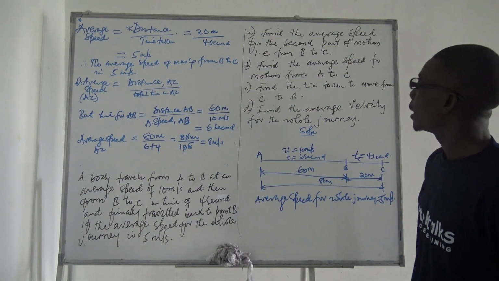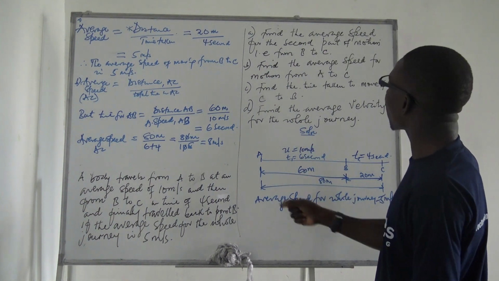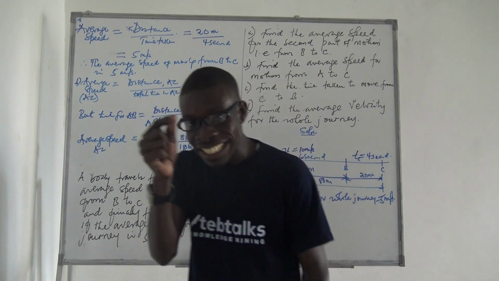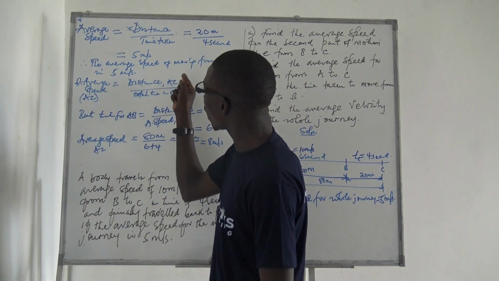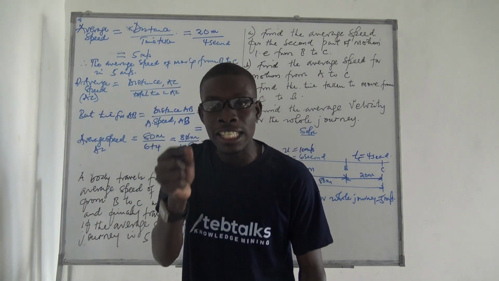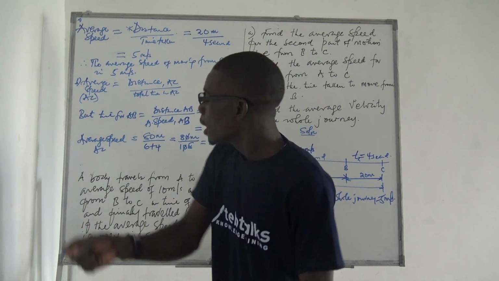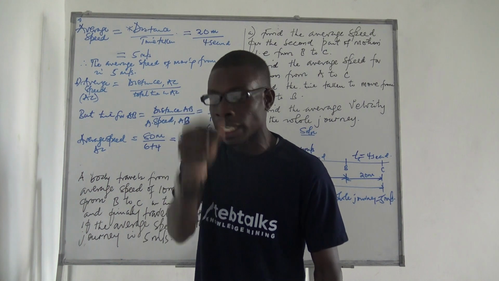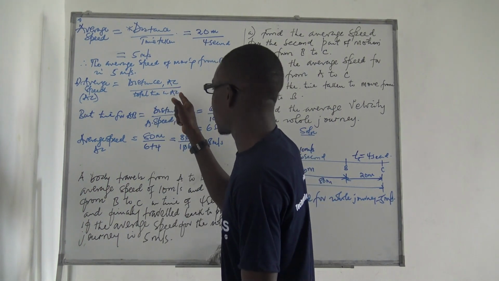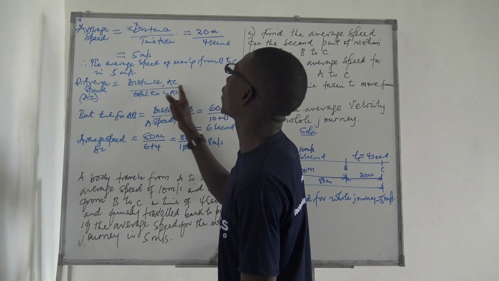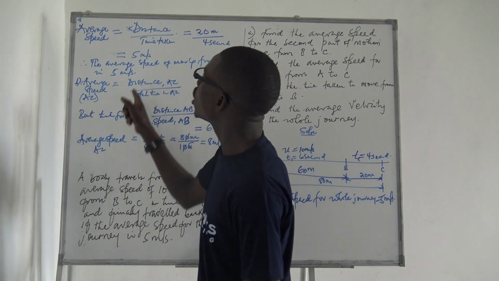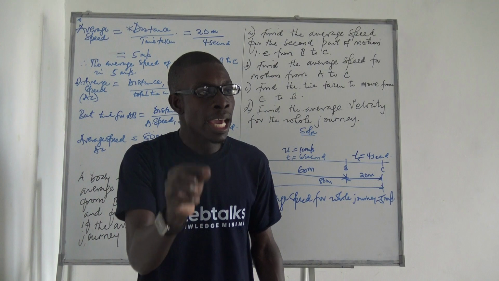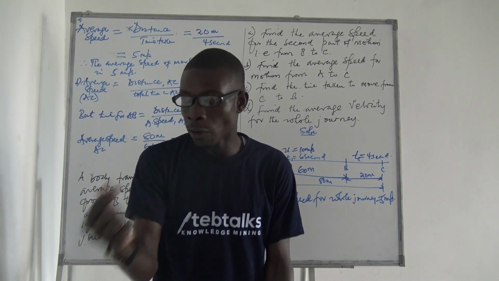And we said that in a scenario where we are looking at average speed of A to C, that implies that the distance we are looking at should also be distance A to C. The same thing, the total time taken should also be AC. If you have distance AC and also time AC, you will use our formula to get the average speed of A to C. Is that okay?